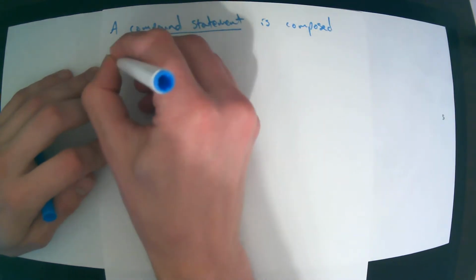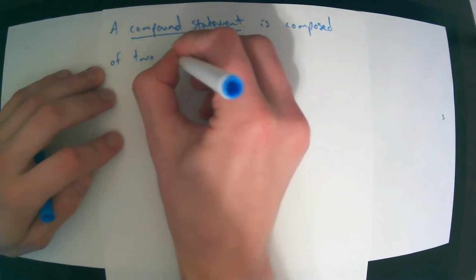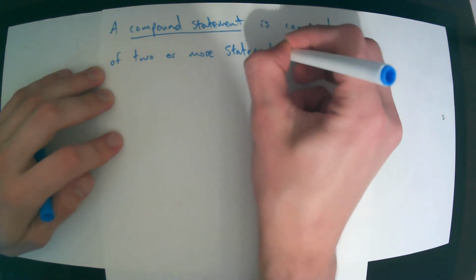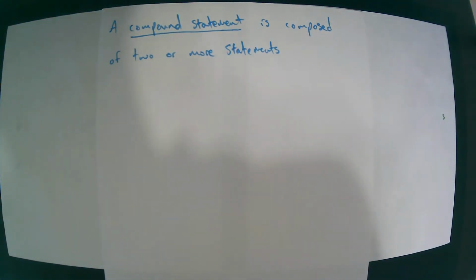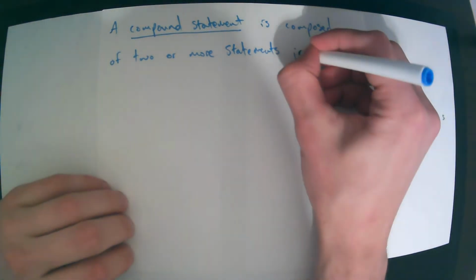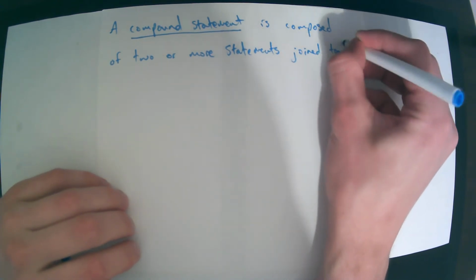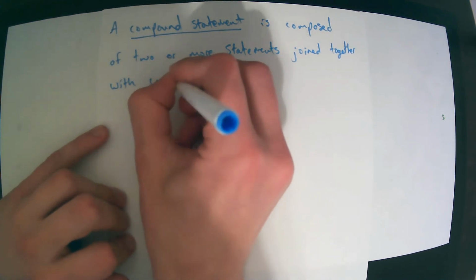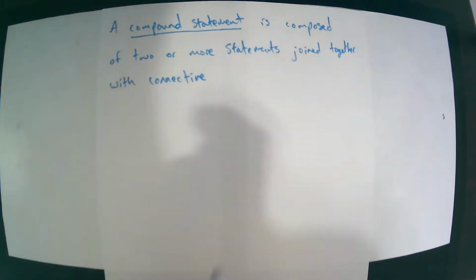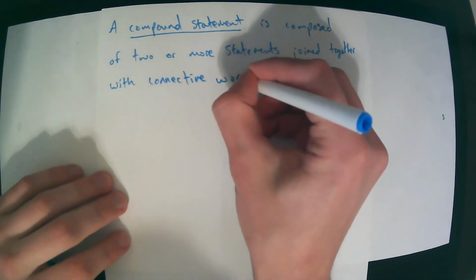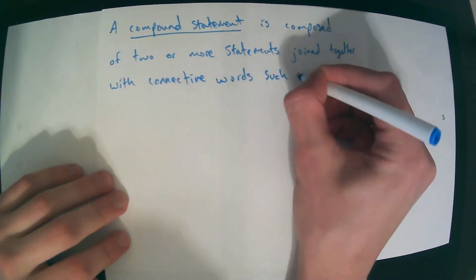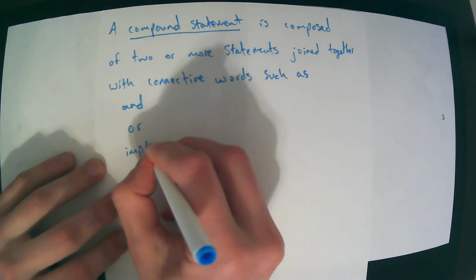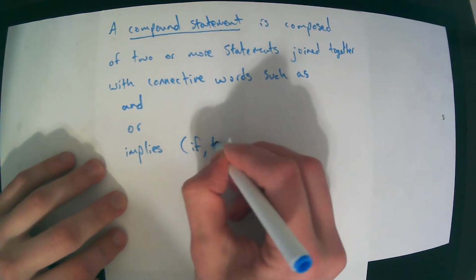It is composed of 2 or more mathematical statements joined together with connective words such as and, or, implies, which can also be written as an if-then statement.